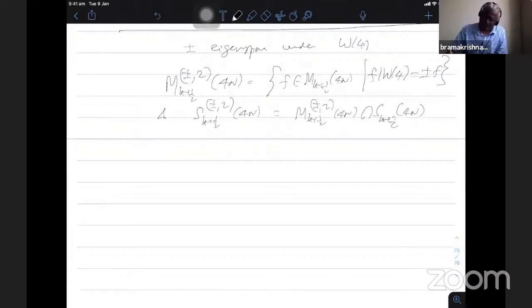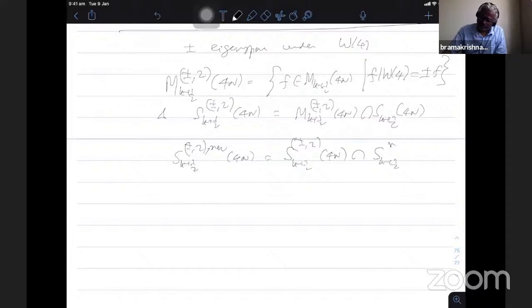Also we have S_{k+1/2}^{±}(4N) meaning I take this form intersect with the new form: S_{k+1/2}^{±}(4N) intersect with S_{k+1/2}^{new}(4N).